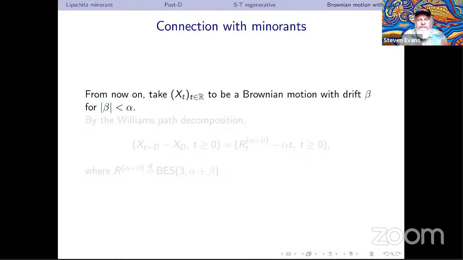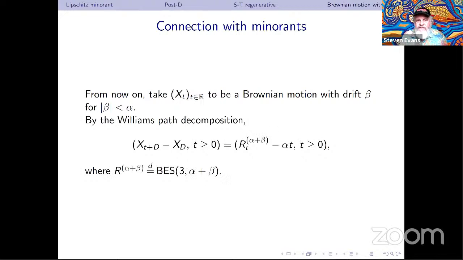Okay, so from now on, the Lévy process that we're considering is a Brownian motion with drift beta, where the magnitude of beta is less than alpha, so X_t is going to have an alpha Lipschitz minorant.